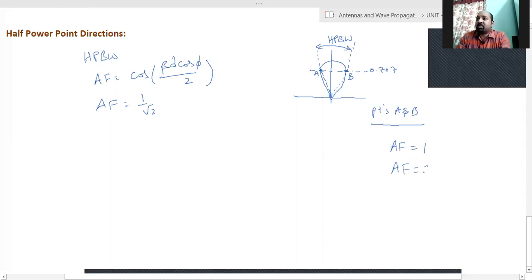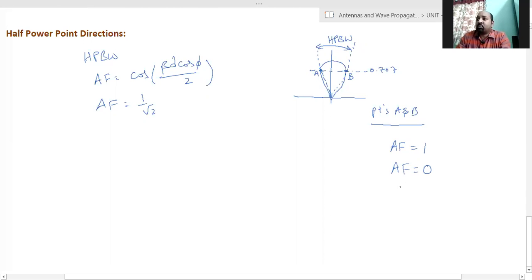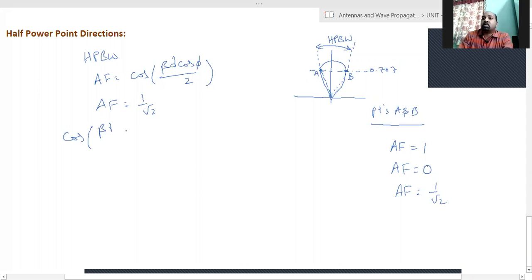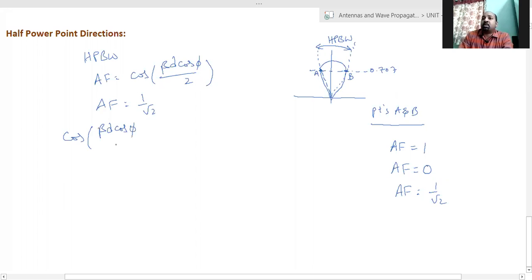Minimum directions occur when AF is equal to 0, and half power exists when AF is equal to 1 by root 2. Very simple. So therefore, cos(beta d cos phi by 2) is equal to 1 by root 2.